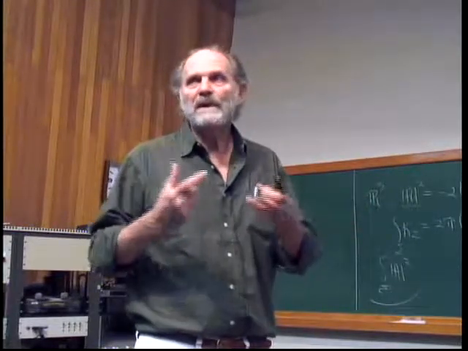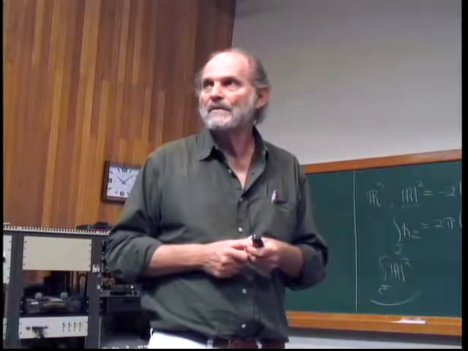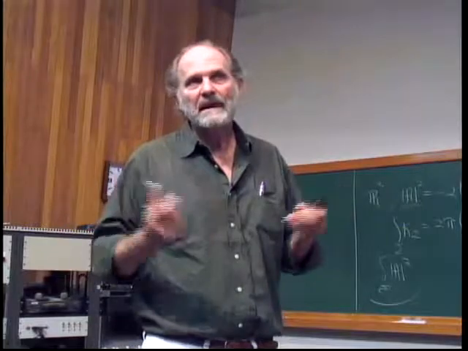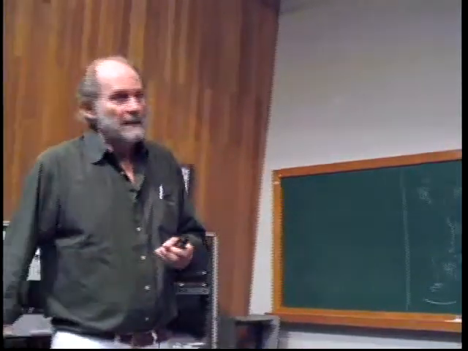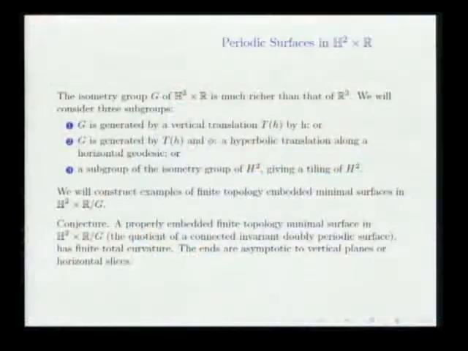As far as I know, nobody's really studied periodic surfaces before in spaces aside from the space forms like R3, S3, etc. But I'd like to convince you that it's very interesting to look at periodic surfaces in the hyperbolic plane cross R. So I'd like to show you there are very nice examples and there are theorems, and just point out that the subject is really open.